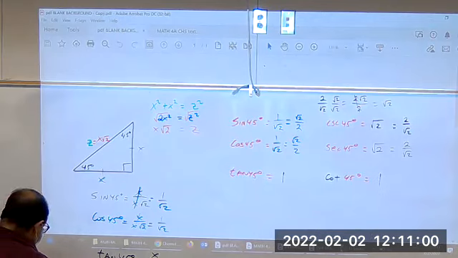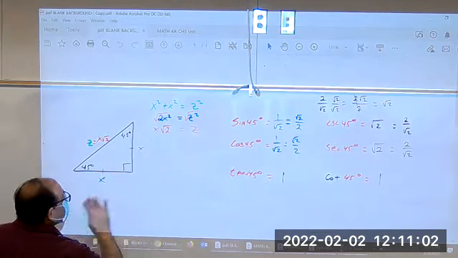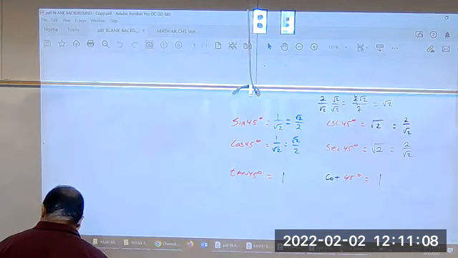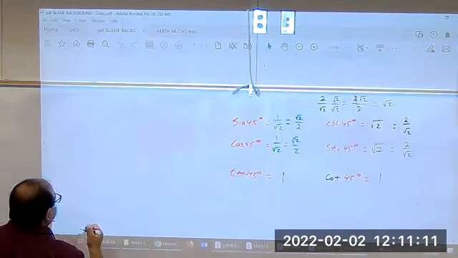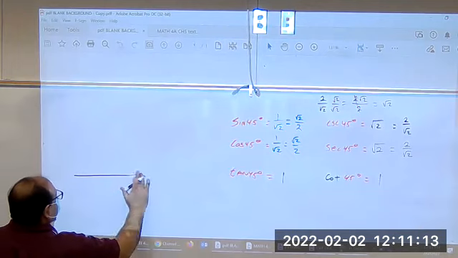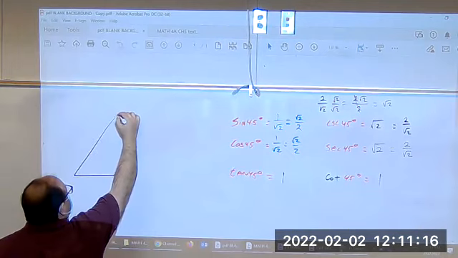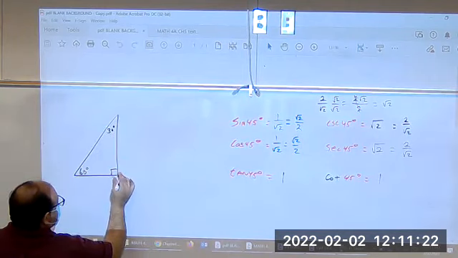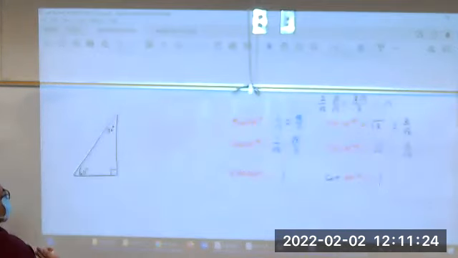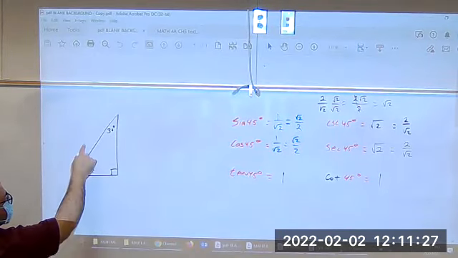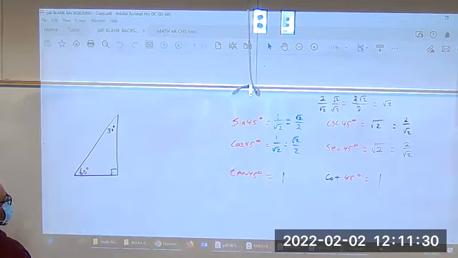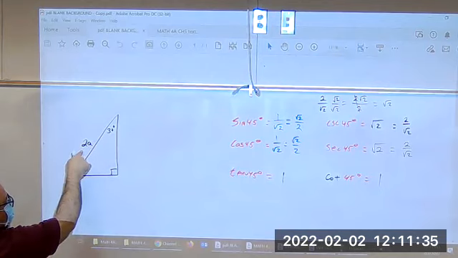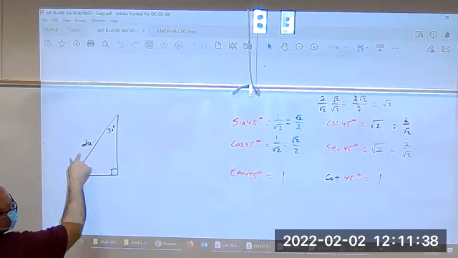And last but not least, the last special angle will be the 60. So we're going to call up our 30, 60, 90 one more time. But this time, right here, this is our 60. 60 degrees is here, 30 degrees is up there, there's our 90. And instead of using the 1 or the x as our hypotenuse, we'll make it 2a. The short leg is half of the hypotenuse, or the hypotenuse is twice the short leg.